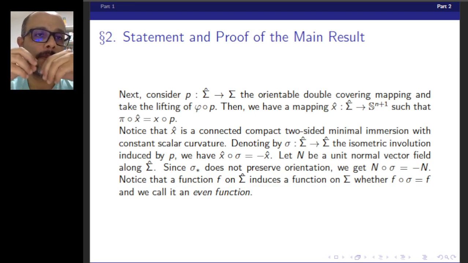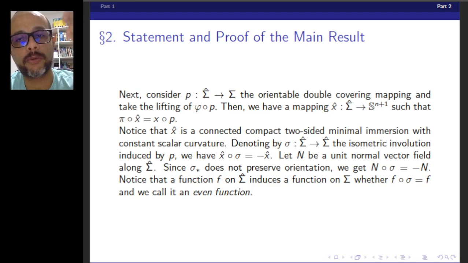Now the map you lift is not X anymore, but a new map from a special cover of sigma to the sphere. You consider P a cover of the hypersurface sigma, the double cover, and you consider the lifting of X composed with this two cover of sigma.